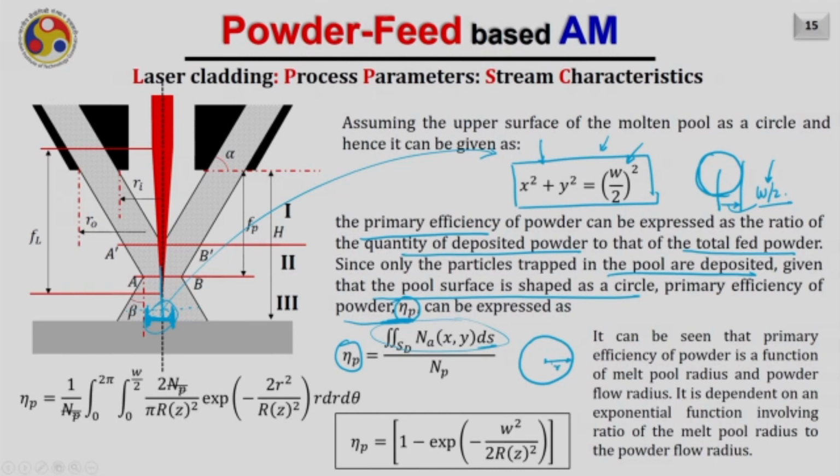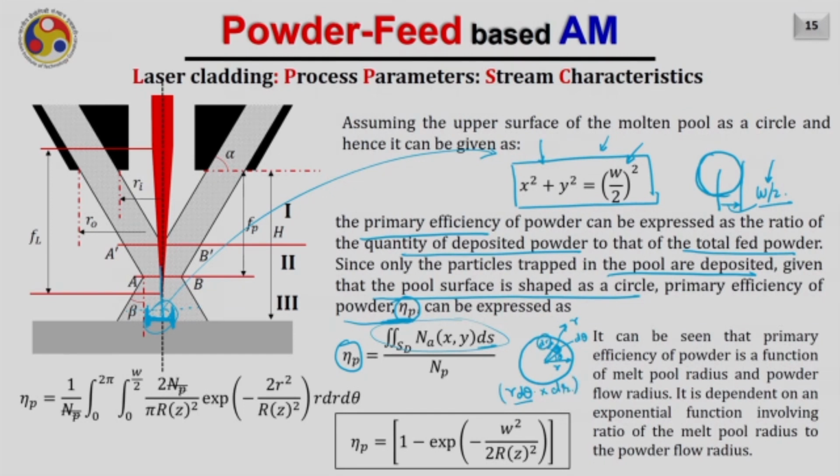So, if I consider a small element at an angle theta of d theta and at a radius r of dr radius, the area of this element will be given by the length of the arc, which will be r d theta, into the distance dr.